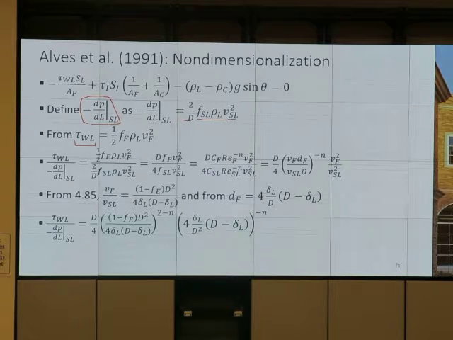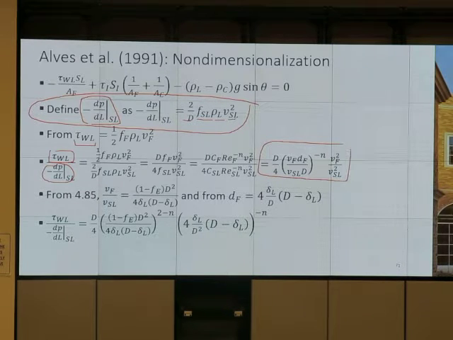Tau L has the unit of Pascal. So we try to use this to make everything dimensionless. Divide everything by this: tau L over minus dP/dL sub L. You get that. Scale VF with VSL.